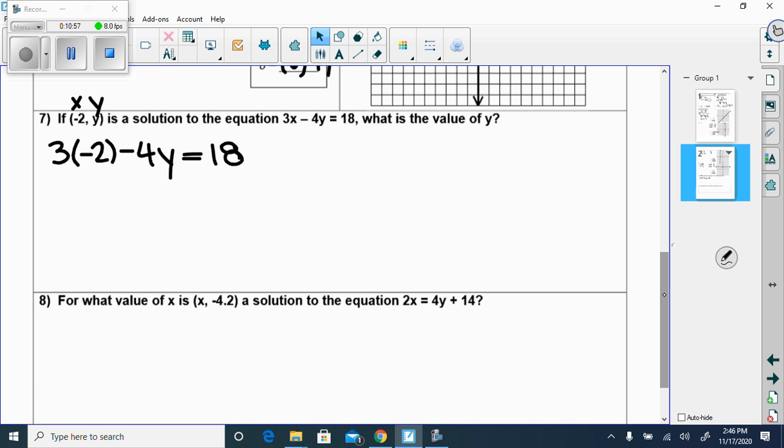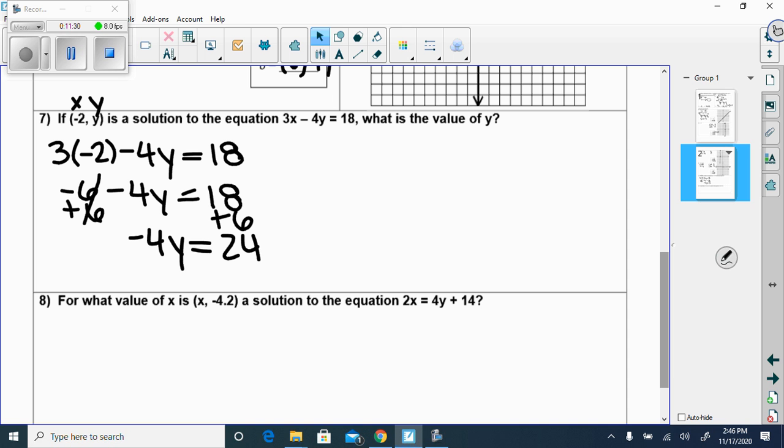Okay, so what would I want to do first here? Multiply. So 3 times -2 is -6. Negative 6 minus 4y equals 18. Then what? Add 6. Add 6, okay. So I end up with negative 4y equals 24.